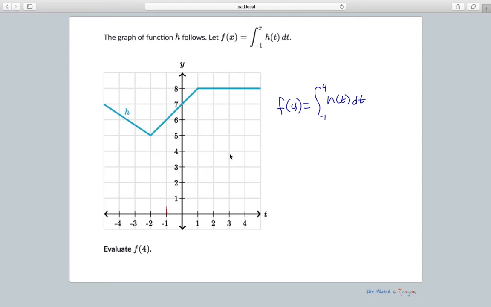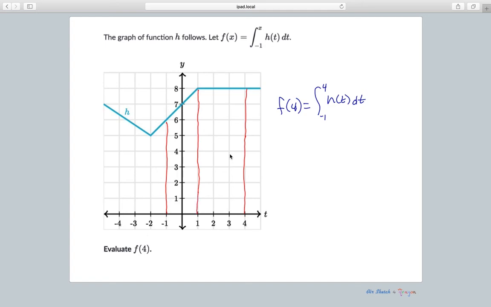So here, all the way to 4, so to here. I want to look at all the area, and again, this is all above the x-axis, so it'll all be interpreted as positive.